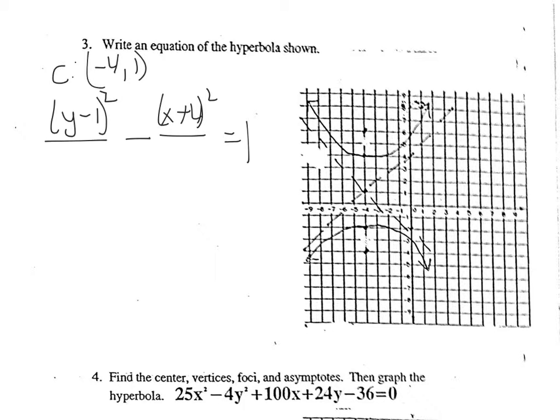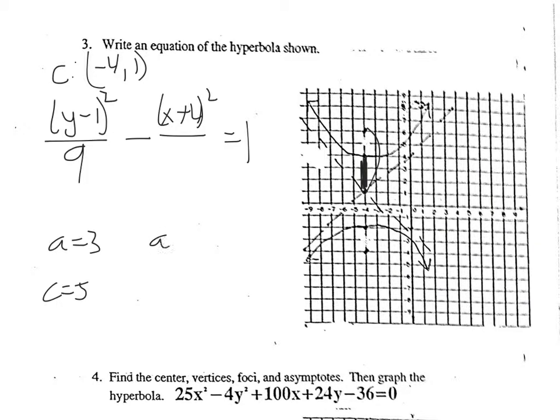Well, a is from center to vertex. So a is this right here that I'm highlighting. So a is 3. So if a is 3, a squared is 9. And a squared always goes first. Well, I don't know b, but I know c. I know c is 5, which means I can find b squared.